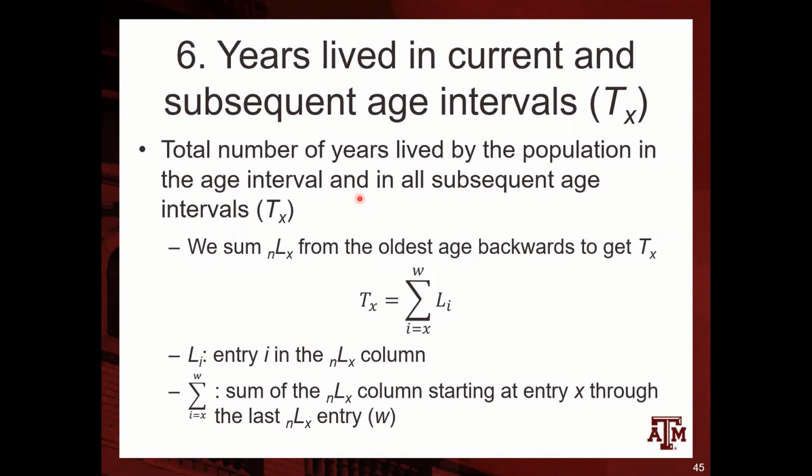So from a specific age group here, we start summing the big L column from that age group until the last, right? So if you have T50, we add the big L from age 50. So the i here goes from 50 until the last entry in the life table, which is symbolized by the w here. Cool?